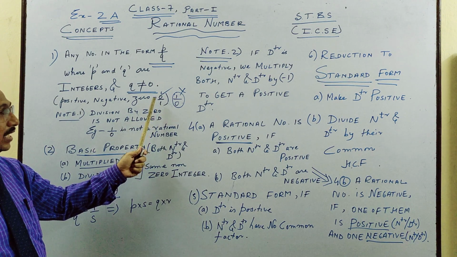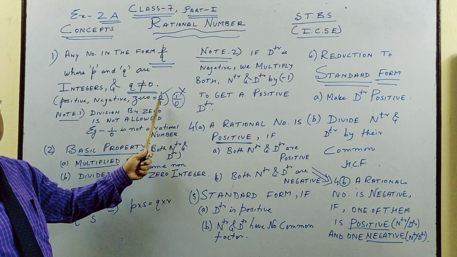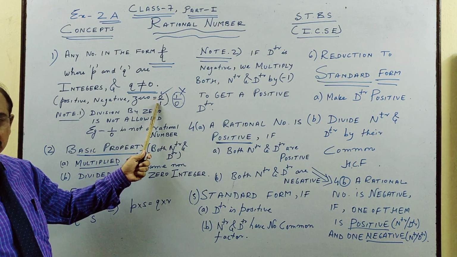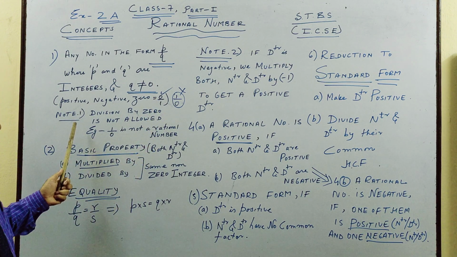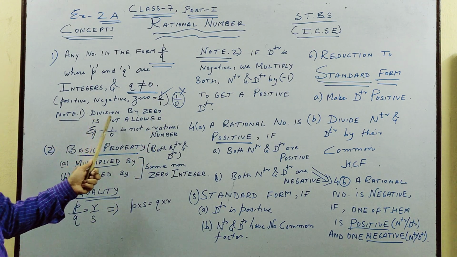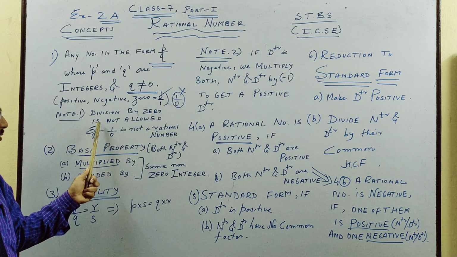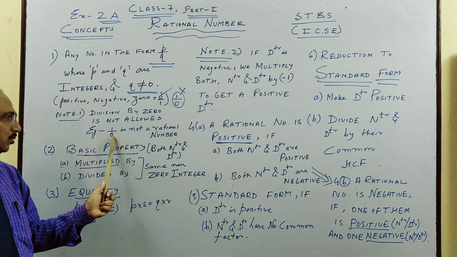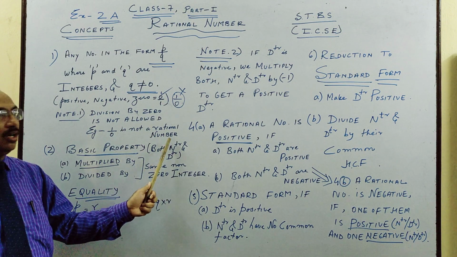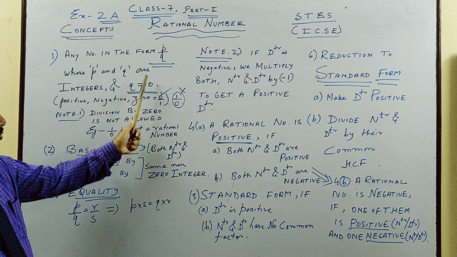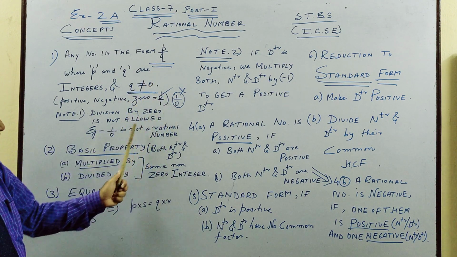So 0 is a rational number which is neither positive nor negative. Next, note a very important thing: division by 0 is not allowed. 1 by 0 is not a rational number because Q, the denominator, should not be 0.